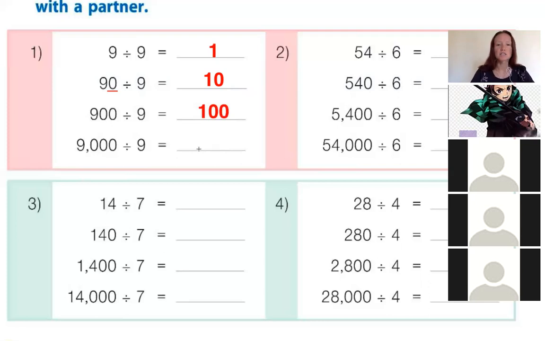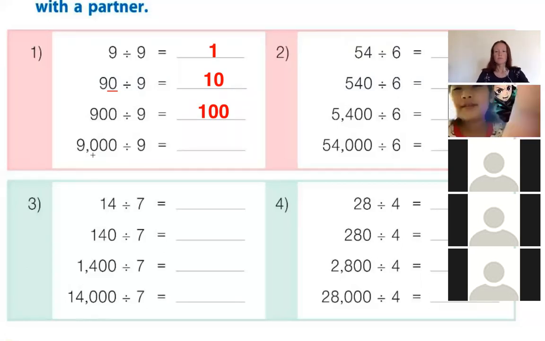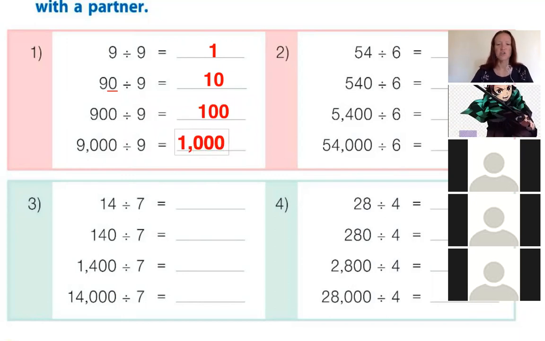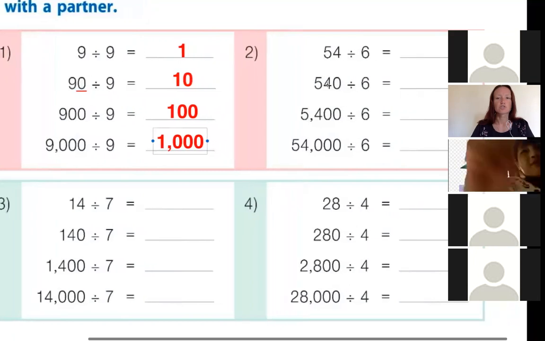Okay, so next, Monte, one more. 9,000 divided by 9 is 1,000. Great job. It is 1,000 because in our dividend we have 3 zeros. These 3 zeros we have to transfer.